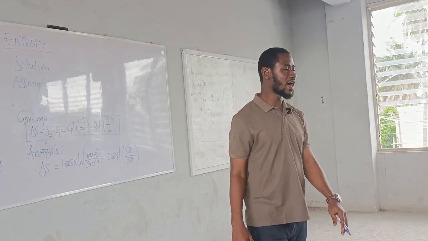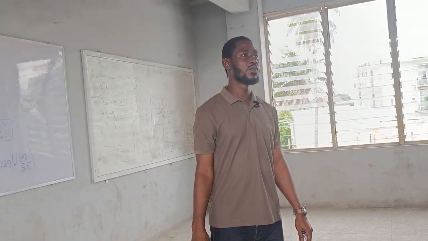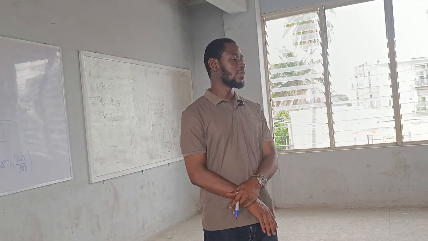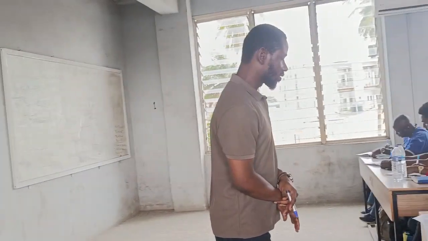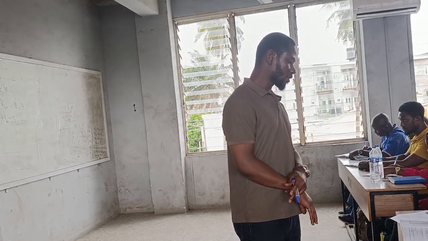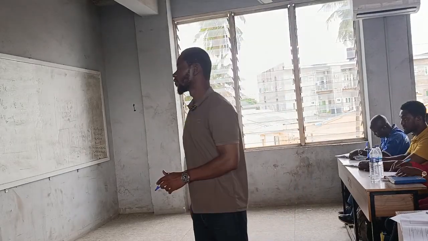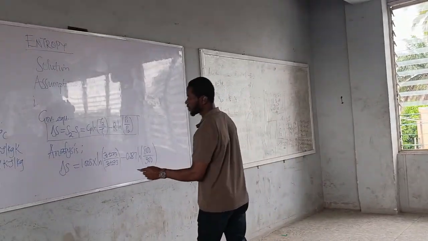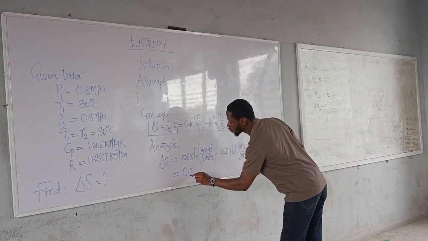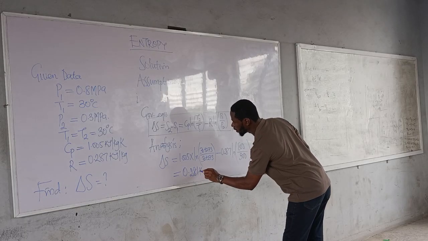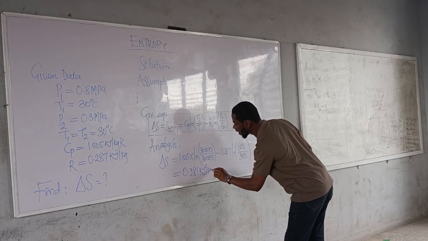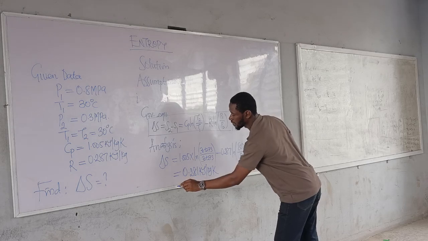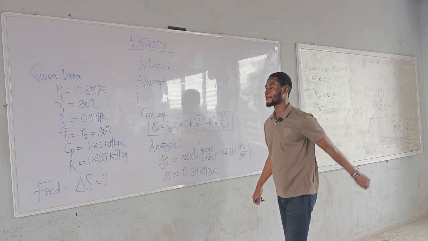So by the time we punch our calculator, the result becomes 0.281 kilojoule per kilogram Kelvin. That is the answer.